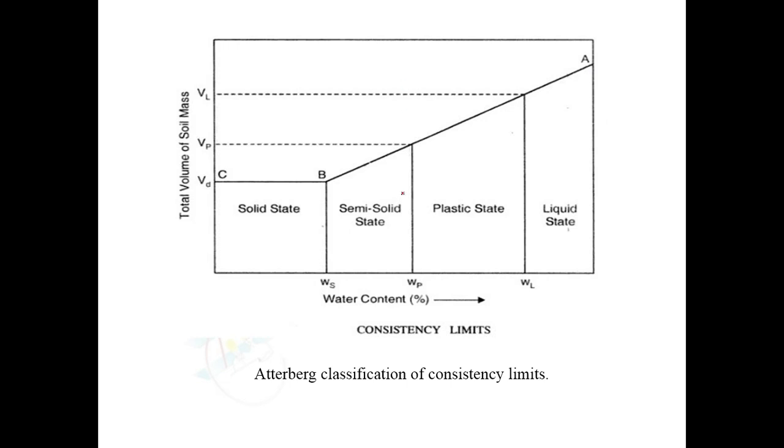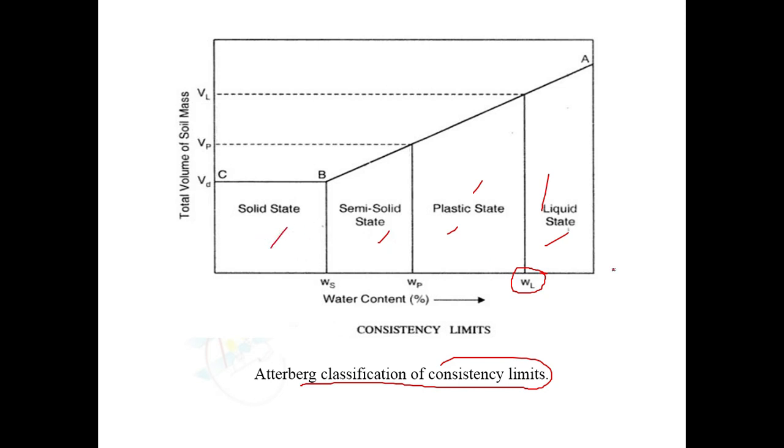Let's see from this graph. It is mentioning that water content between liquid state and plastic state is WL, and WL is the liquid limit. We can see from this Atterberg classification of consistency limits that he classified the various consistency limits: liquid state, plastic state, semi-solid state and solid state.